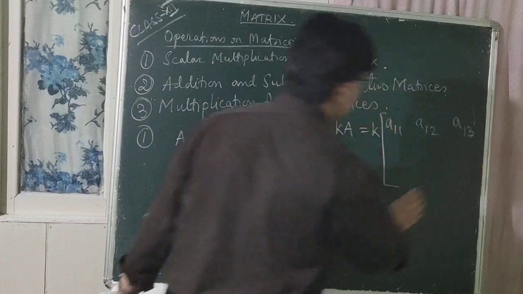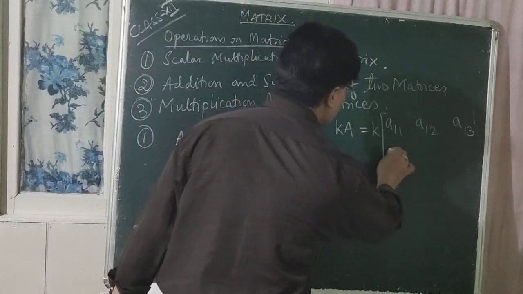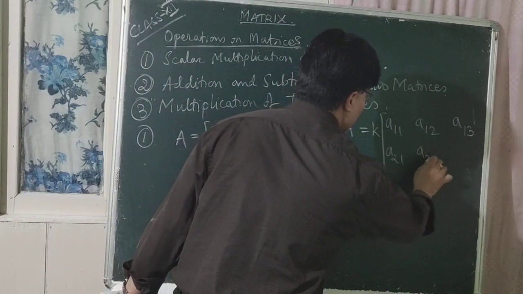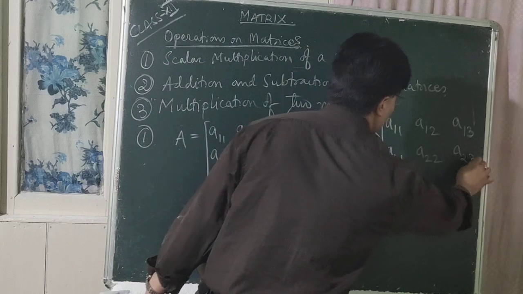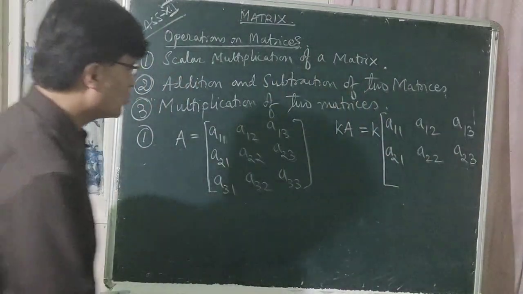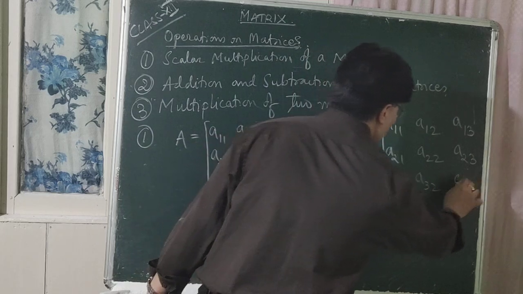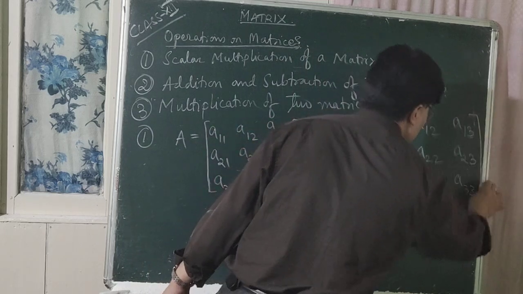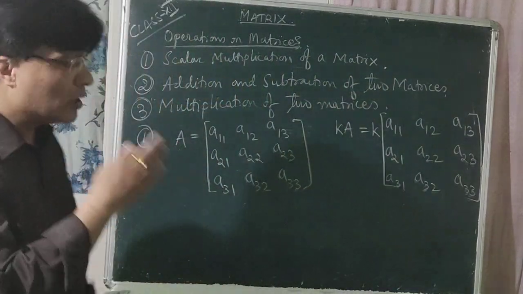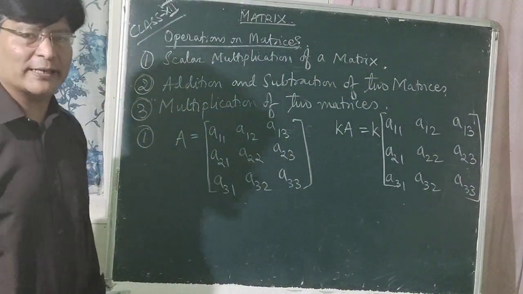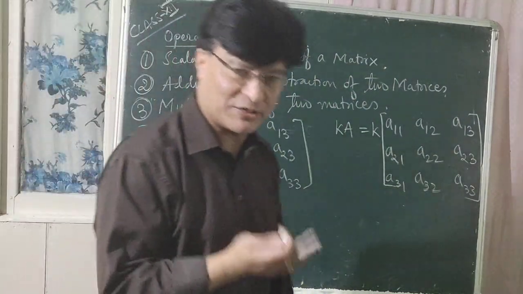The second row is A21, A22, A23. And the third row is A31, A32, A33. The brackets on either side are the notation of a matrix.